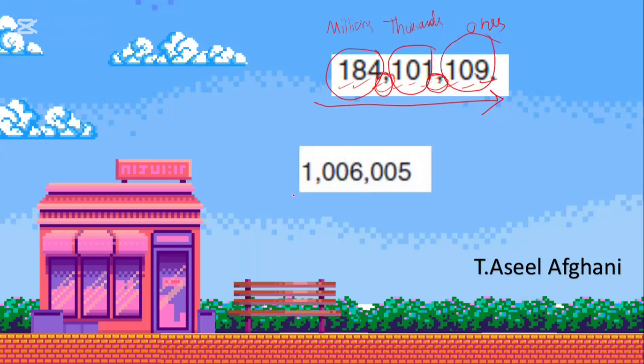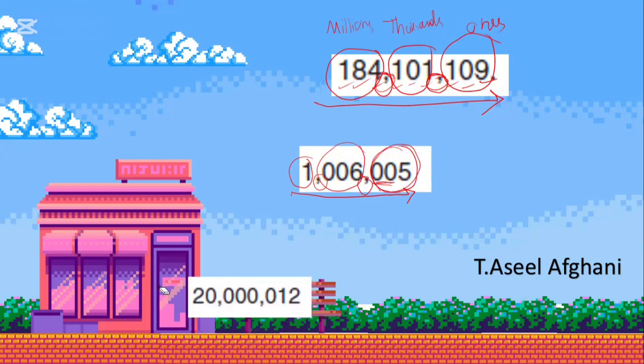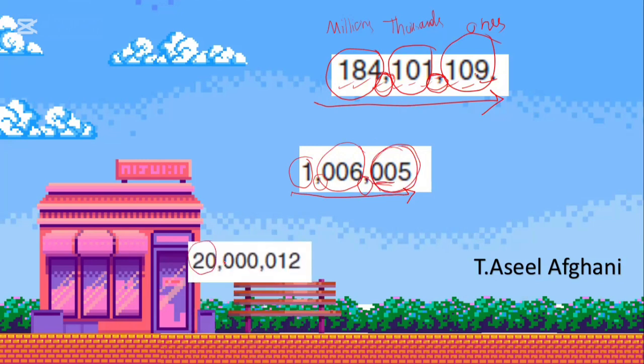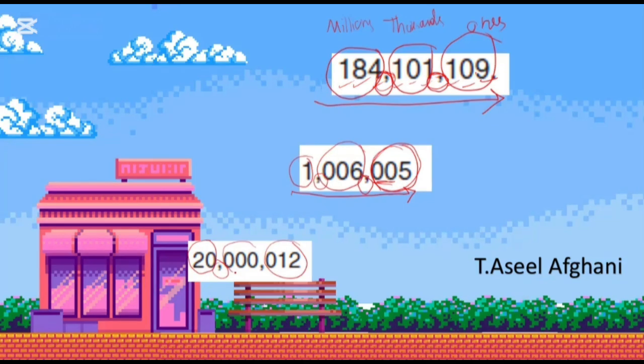What about this number? We start from the left to the right. 1,006,005. 20 million, 12. You might wonder why did the teacher skip these 3 zeros while reading?